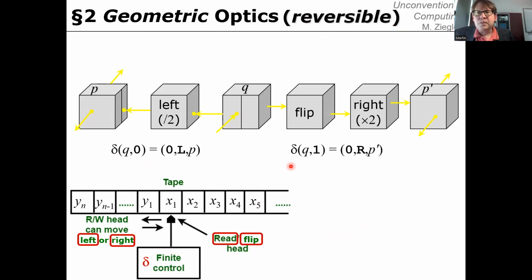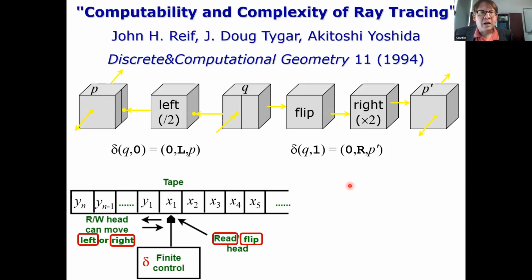And this idea, this approach is actually not mine at all. This is taken from a paper that I'm very fond of. It's already like 30 years old, by John Reif, Doug Tygar, and Akitoshi Yoshida, and published in Discrete and Computational Geometry in 1994.